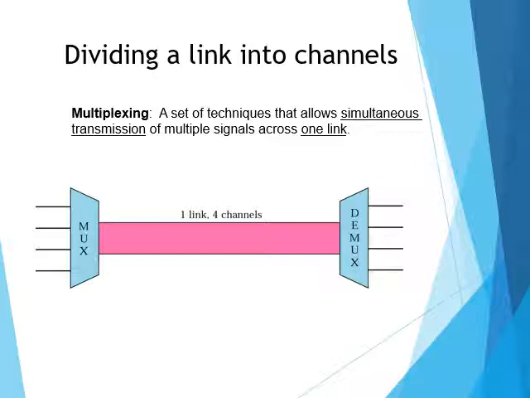Use a multiplexer at the sender side, so that multiple signals can be combined and transmitted across one link. At the other side, we have a demultiplexer to separate the signal into its original signals, so that the specific receiver can receive the signal transmitted by a different sender.